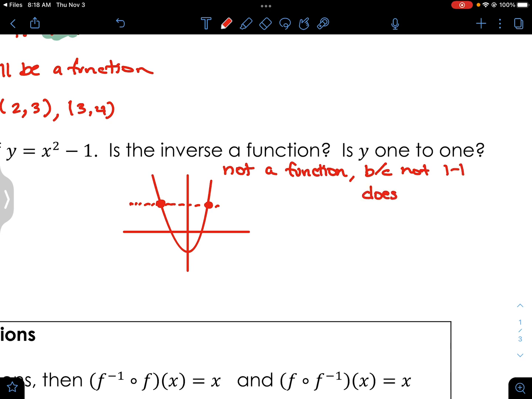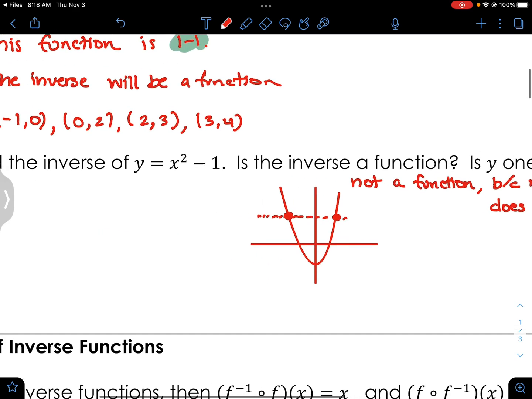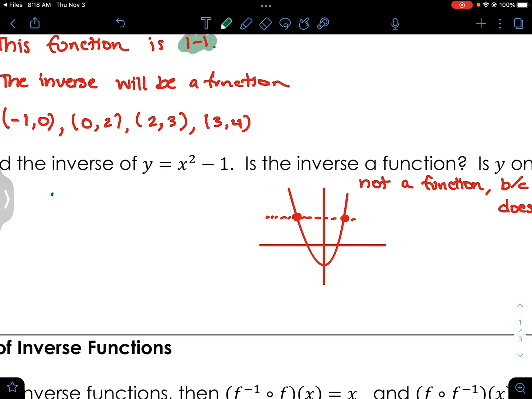And so we know that the inverse will not be a function, but we can still find the inverse. So to find the inverse, we'd have to switch our x and y values, and we'd have x plus 1 equals y squared.